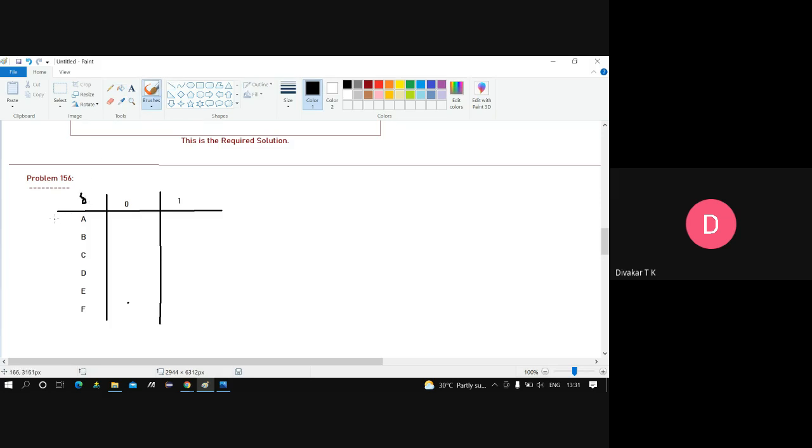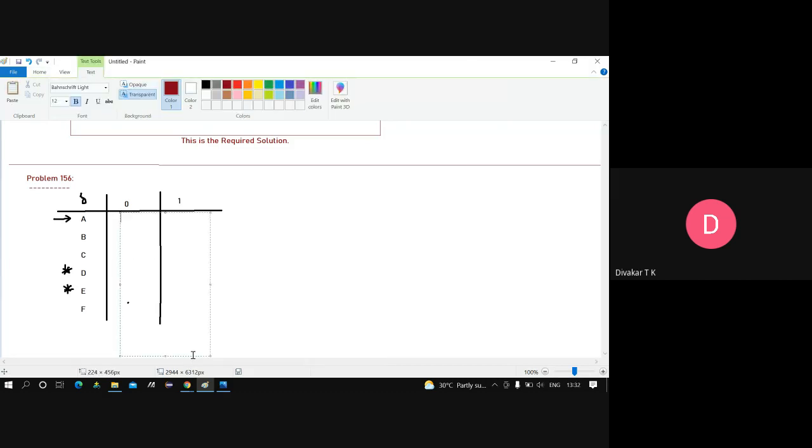So now, what is the start state here? A is the start state. Perfect. Next, D is the final state, and E is also a final state. Got the clarity? Perfect. So next, quickly we'll move on.